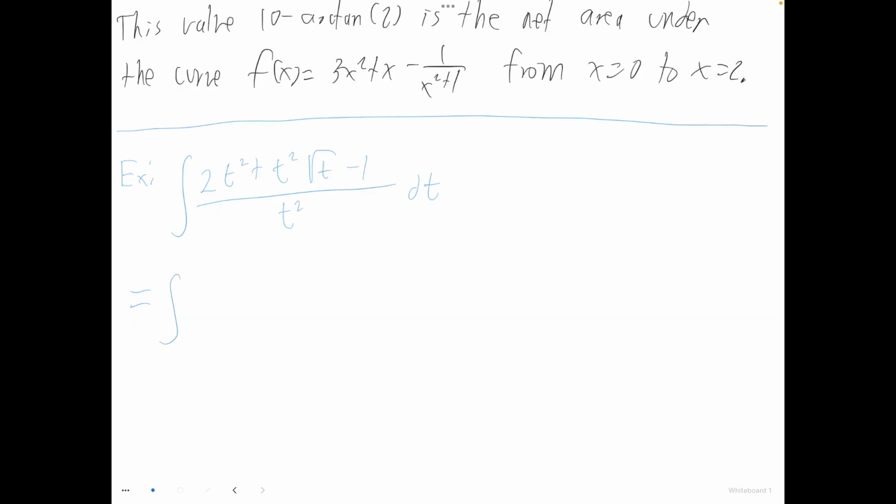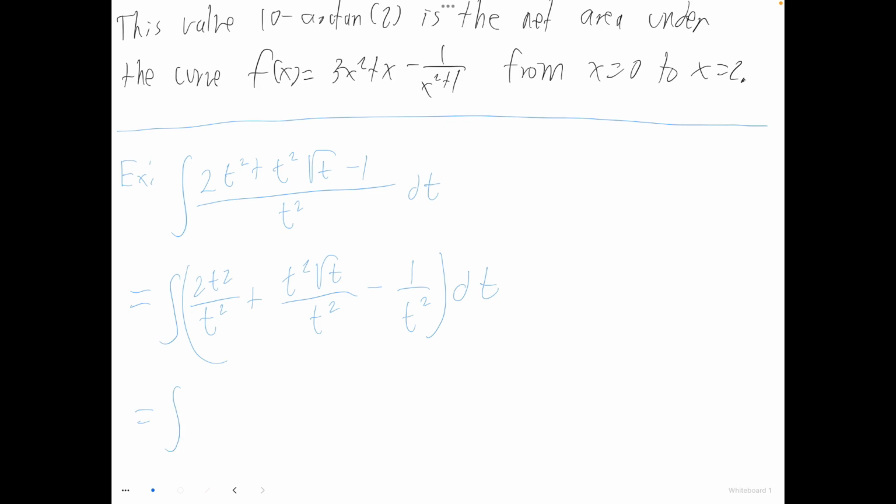And so for the first one, we have 2t squared. I'll actually just split it up over addition, because that's what we're doing. So we're just splitting up each piece over addition. We can do this because we kept the same denominator on each piece.